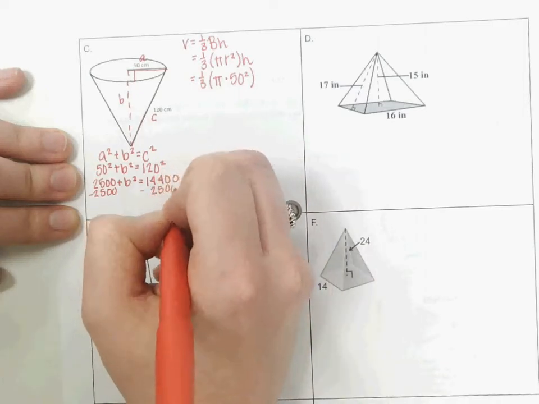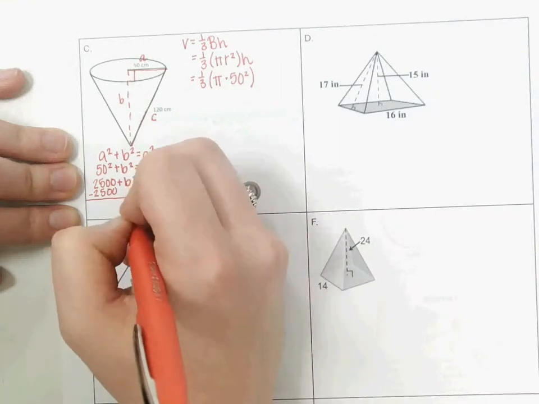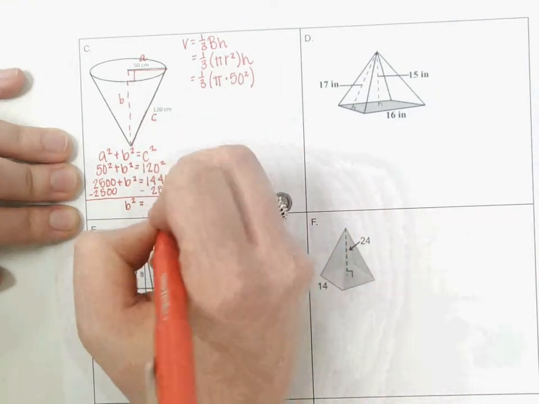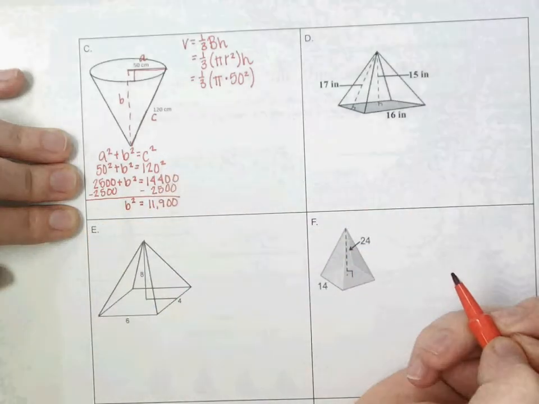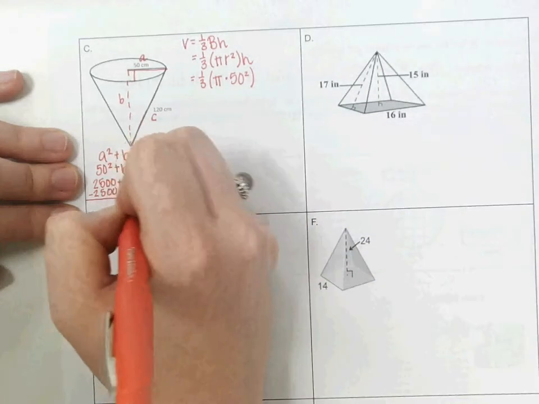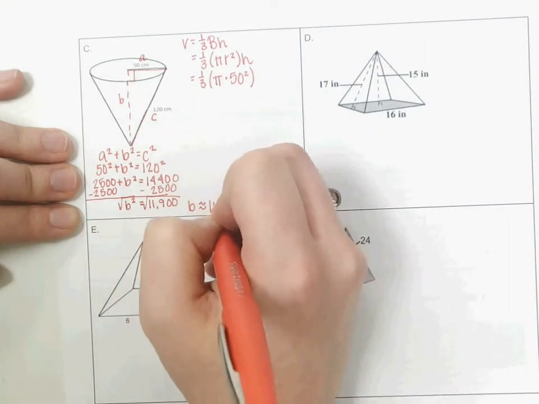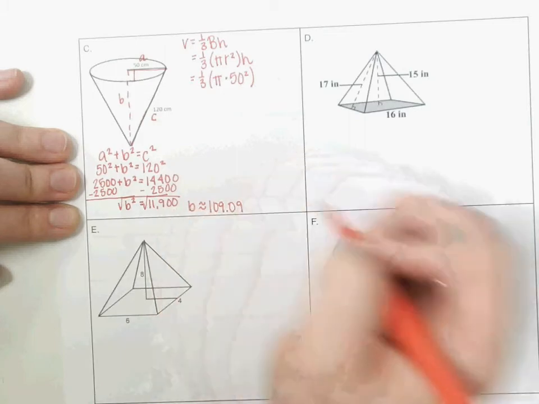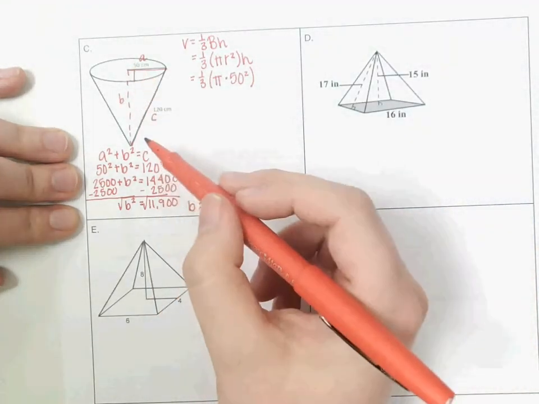Then to get B by itself, we have to subtract 2,500 from both sides so that we get B squared equals, let's see here, 11,900. Then we need to take the square root of both sides, so we're going to get B is about 109.09.